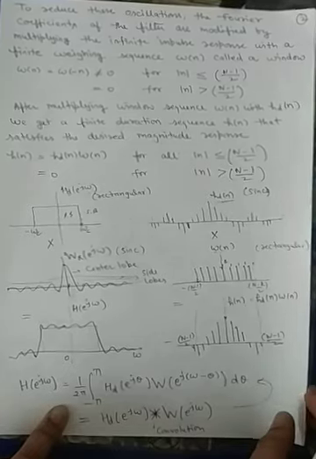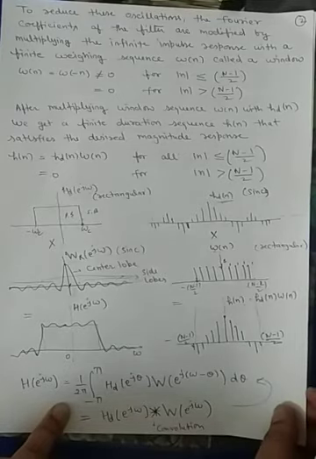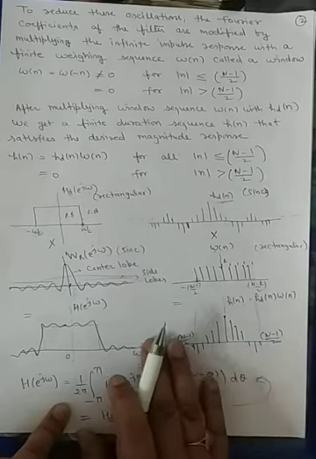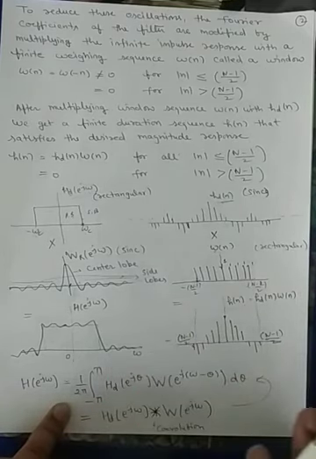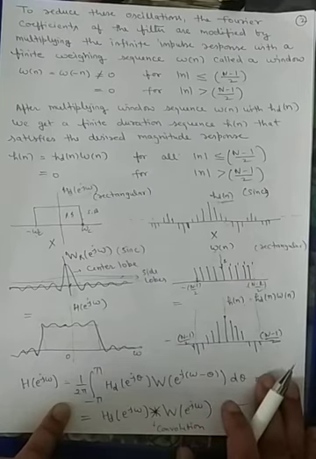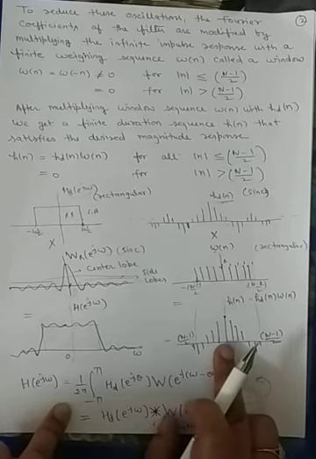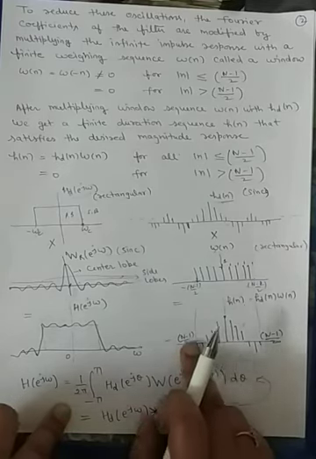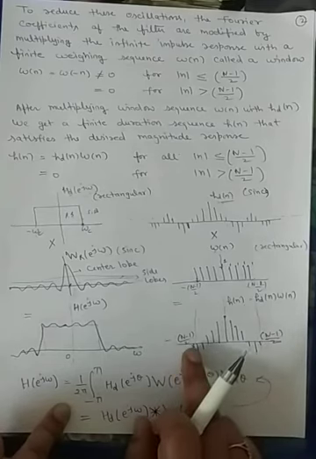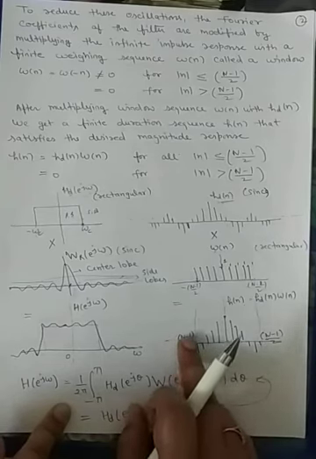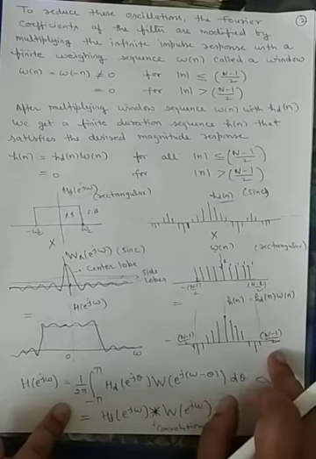Now, any realizable filter should start from n equal to 0 up to some positive value of n, because a realizable filter is a causal filter. But in this case, the filter that we are actually getting has coefficients from minus (N minus 1)/2 to (N minus 1)/2.